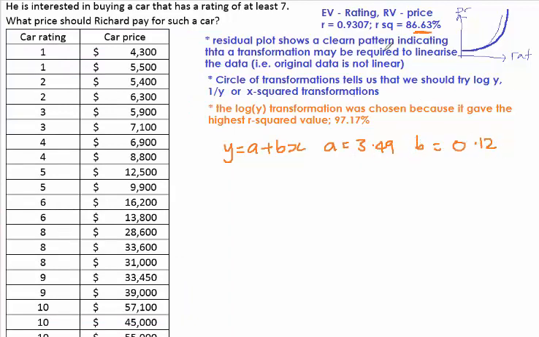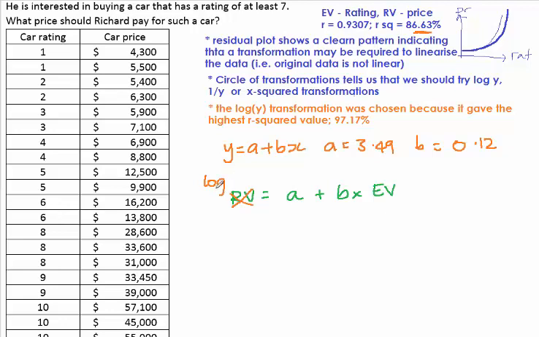Now I need to remember that always my equation is written as the response variable equals A plus B times the explanatory variable. That's what this is. But here my response variable has changed to log y.